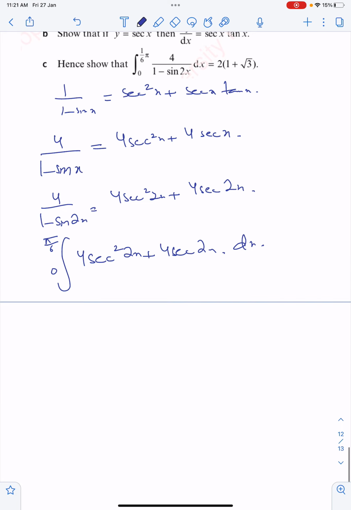Once we integrate, we know that the integration of sec square x is tan x. So it will be 4 tan of 2x divided by 2 plus 4 sec of 2x.